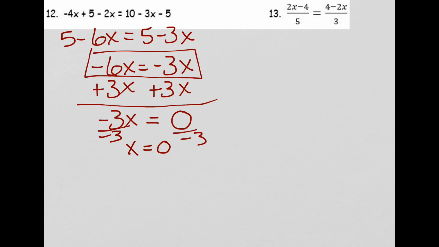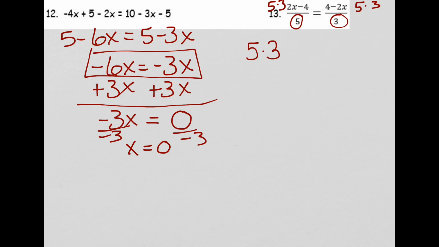Okay, let's do that. So we have here a 5 and we have a 3. Guess what I'm going to multiply both sides by? 5 times 3 and 5 times 3. Now, be careful, because this is the first time you've seen this, but we have an expression in our numerator instead of just a number.